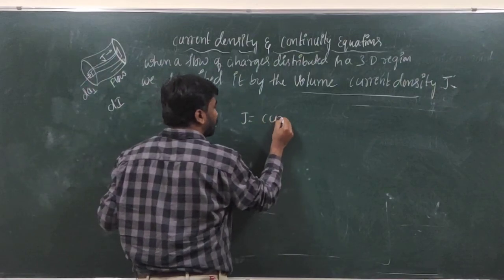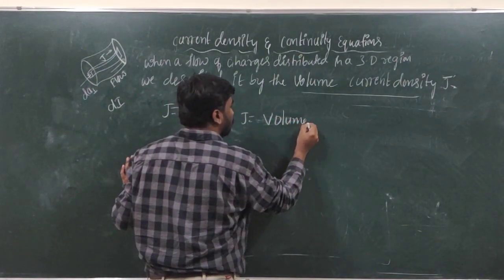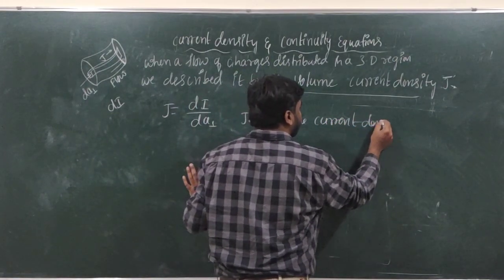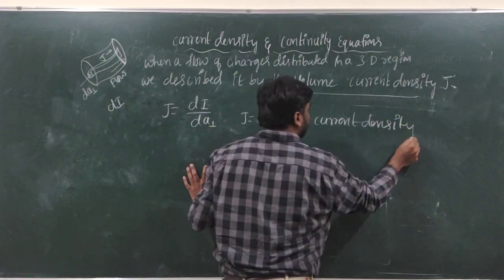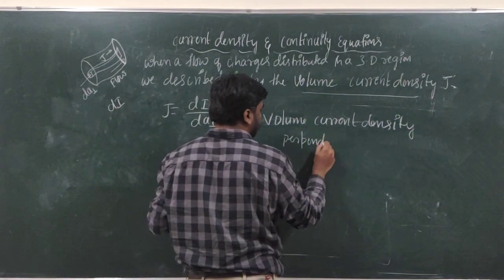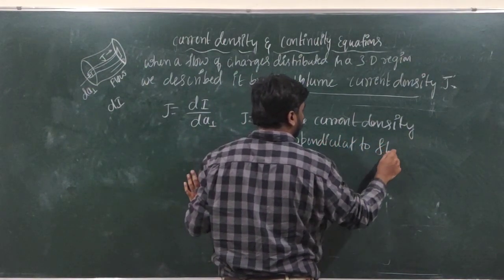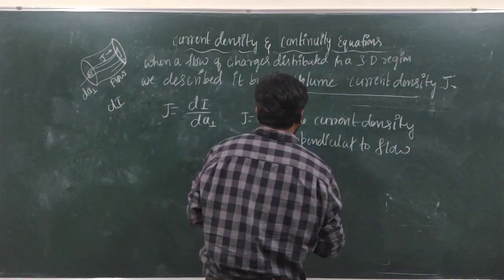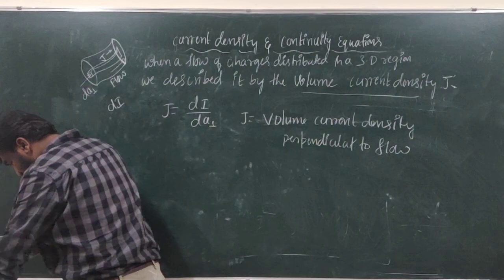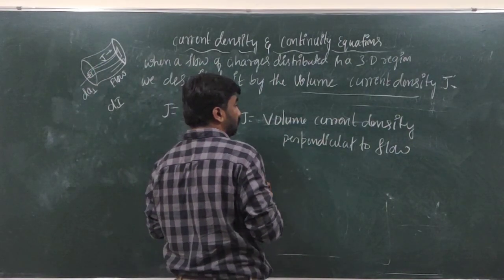That is, J is equal to the volume current density, or current per unit area perpendicular to flow.